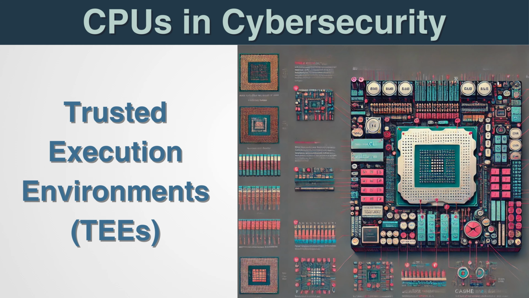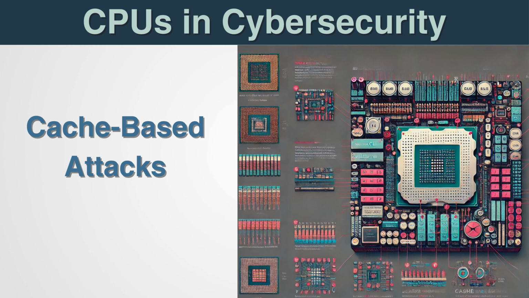And TEEs, trusted execution environments. Modern processors incorporate secure enclaves like Intel SGX and ARM TrustZone that provide isolated environments for sensitive computations. Knowledge of the underlying hardware architecture is essential to evaluate the strength and potential vulnerabilities of these security features.